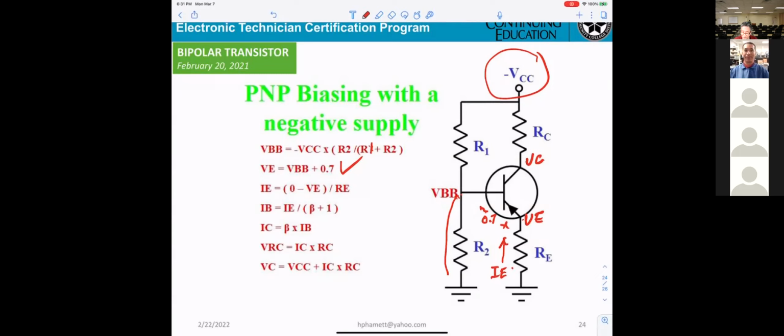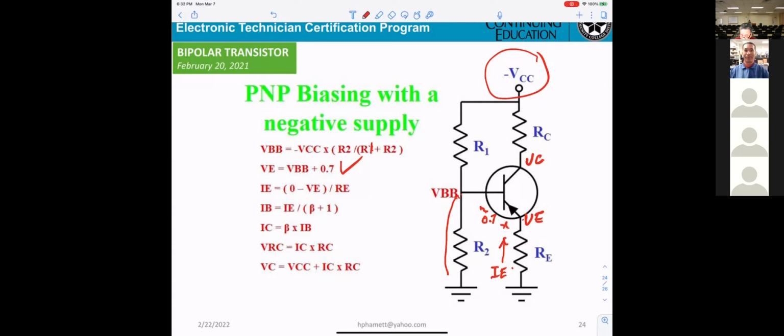Because your ground is 0, and VE will be higher than 0. So basically, positive here, negative here.